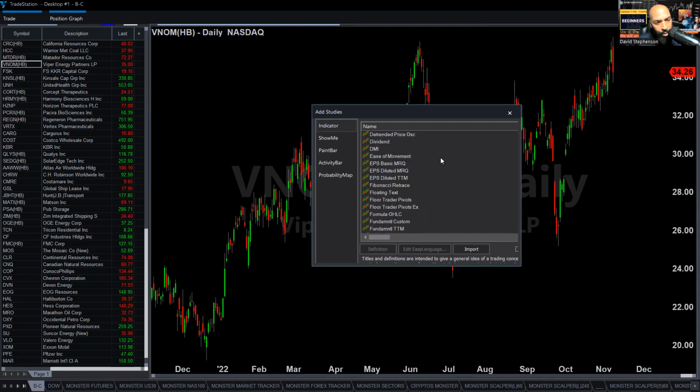The little box I'm going through. All these are called indicators. Each indicator here represents a different tool that we can add to our charts.